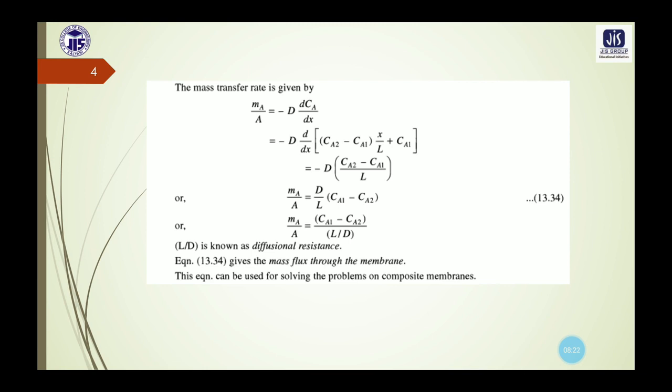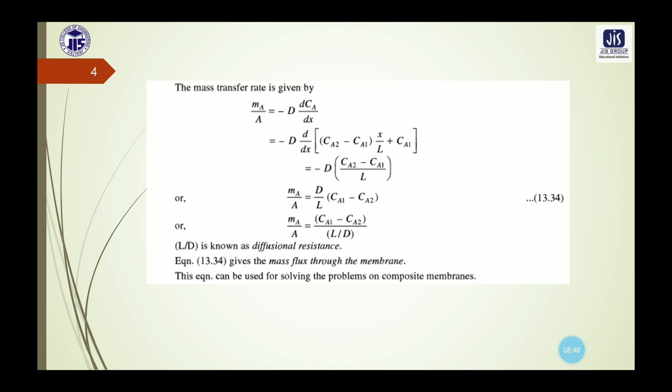Now this L by D is known as the diffusional resistance. In heat transfer, we discussed the concept of resistance in the case of thermal conduction, convection, and radiation. For all these three modes of heat transfer, the resistance concept has been discussed.